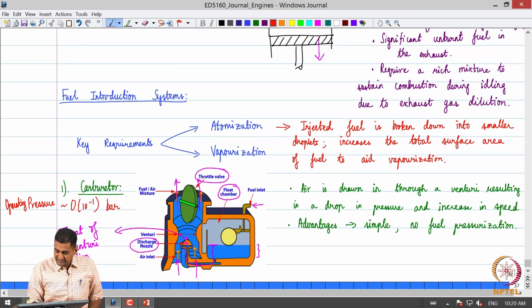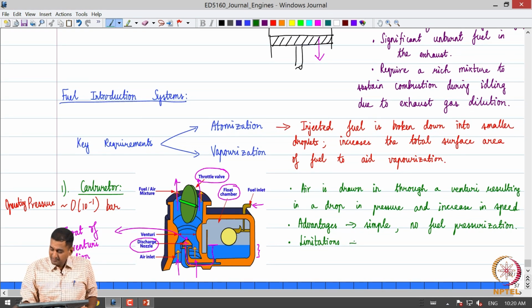That means that the pressure difference between the discharge nozzle tip and the flow chamber surface is of the order of 1/10 of a bar, okay. I am only talking about orders because the actual numbers vary from design to design, right. So this is of the order of 1/10 of a bar, right. So no fuel pressurization, so it is simple, but there are a few limitations.